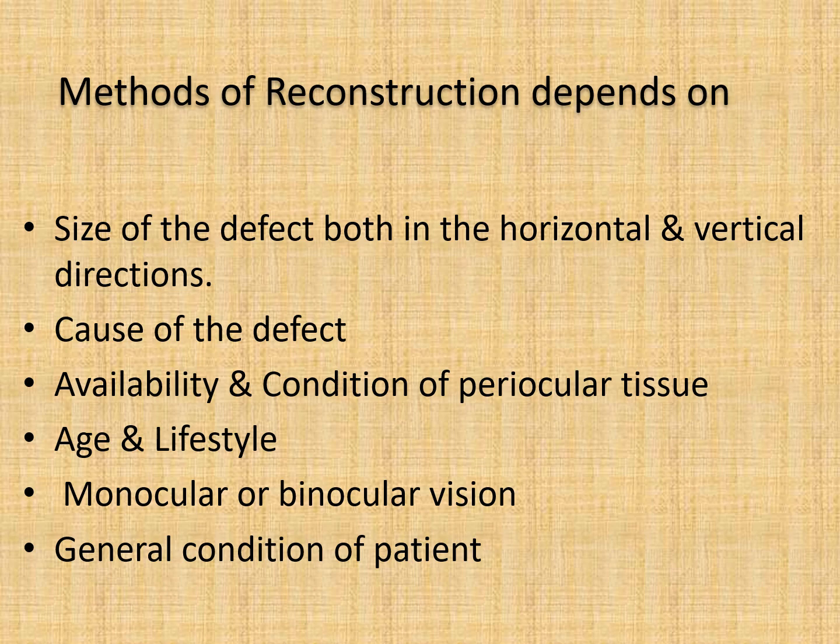Method of reconstruction depends upon the size of the defect both in the horizontal and vertical directions, cause of the defect, availability and condition of periocular tissue, age and lifestyle, monocular or binocular vision, general condition of the patient.